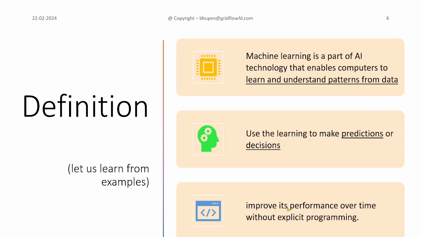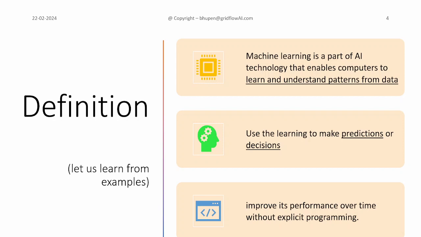And also, machine learning models are actually designed to improve performance over time. And that's the significant difference from typical programming that we do, which is very standard: once we define the rules, we pretty much get the same result.